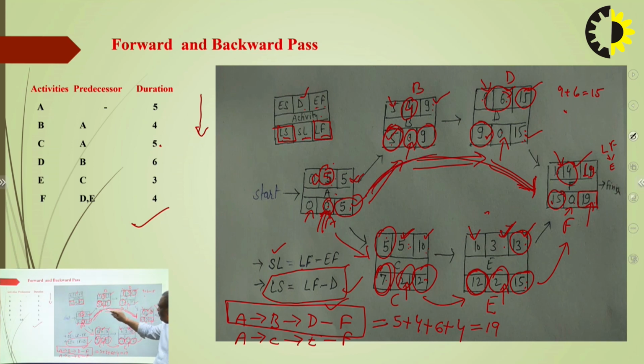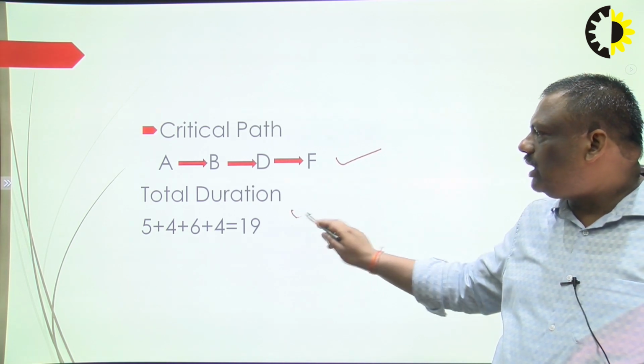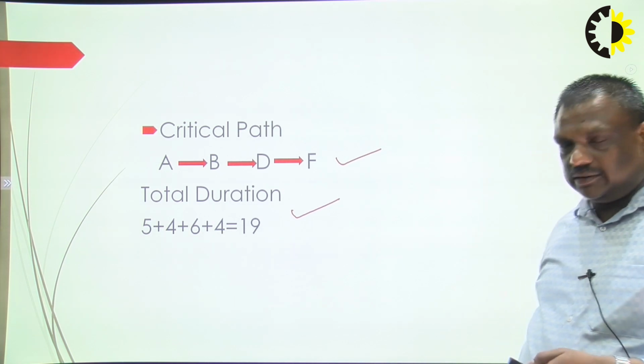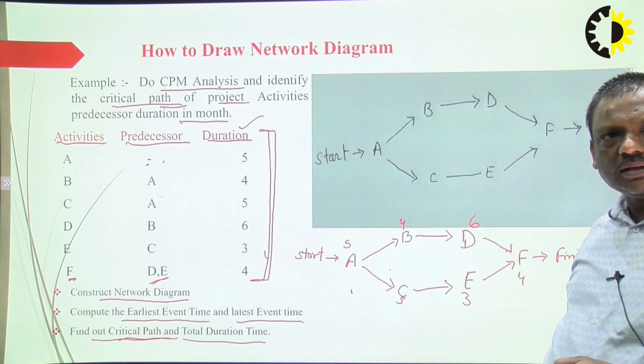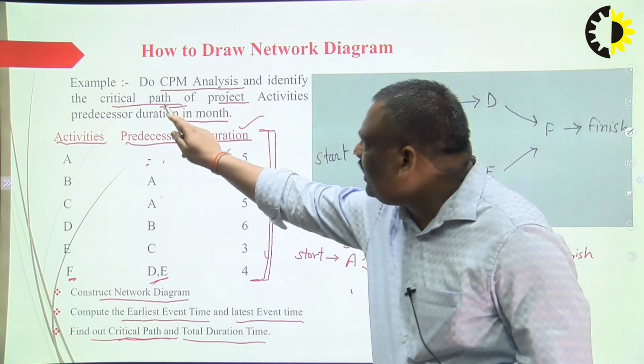When we calculate the upper part, earliest start and earliest finish, that is the forward pass, and when we calculate the latest start and latest finish, that is the backward pass. So with this calculation, we find out the critical path and the total duration in months of the given activities. This is how we do a CPM analysis and identify the critical path.